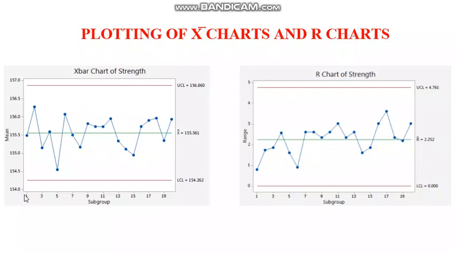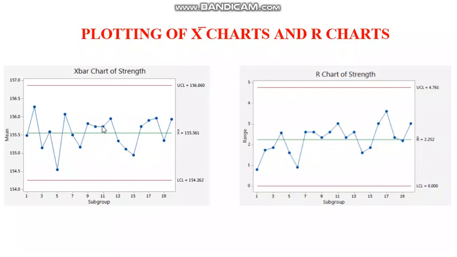On the x-axis we take subgroups in both cases, and on the y-axis we take the mean for the X bar chart, and the range for the R chart. In the center, this horizontal line is X double bar.